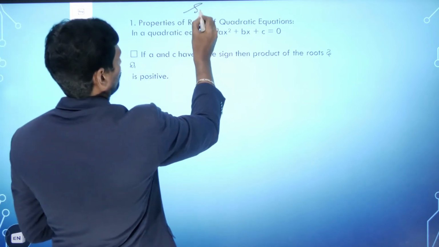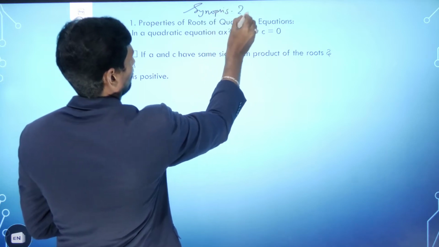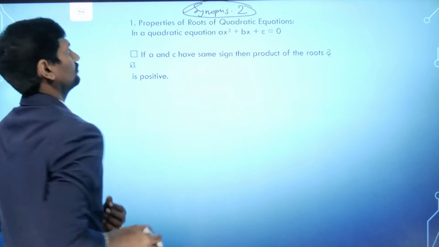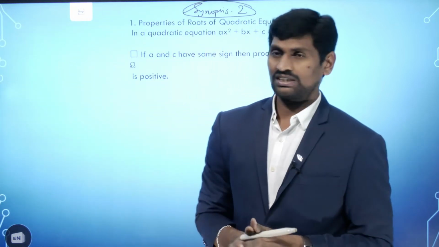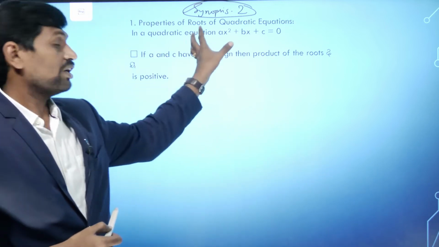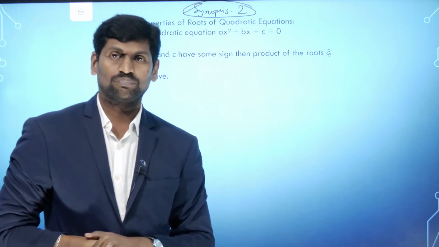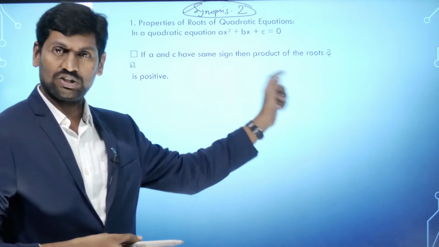Here synopsis 2 starts. Here onwards, it is about the properties of the roots of a quadratic equation.